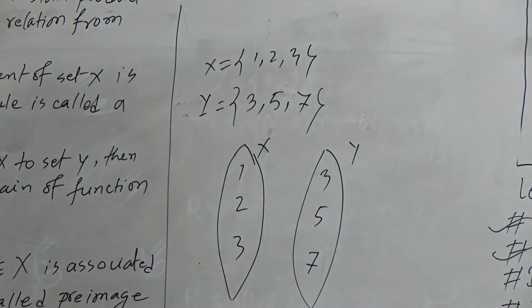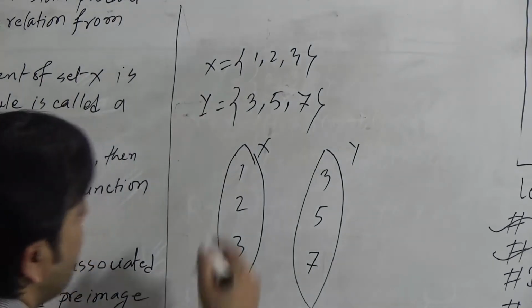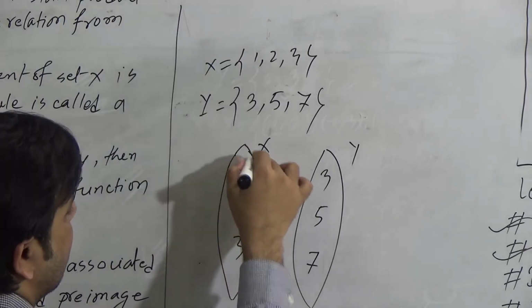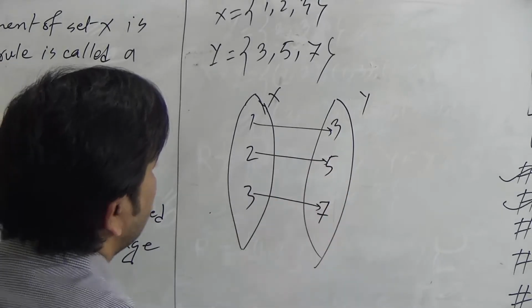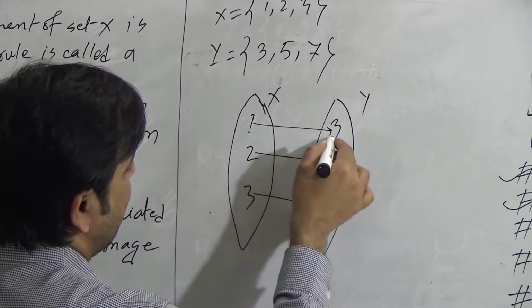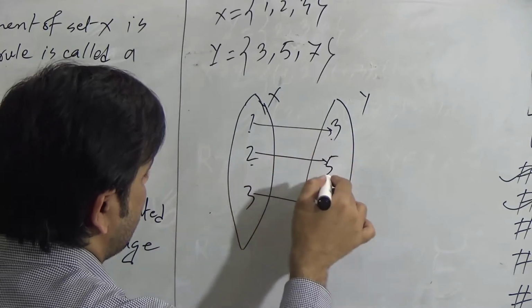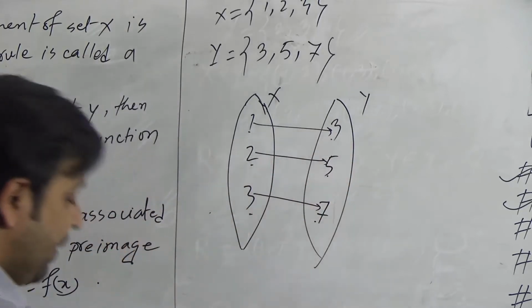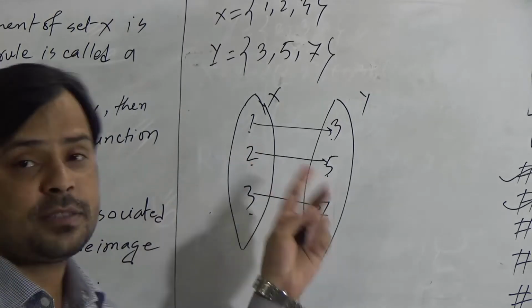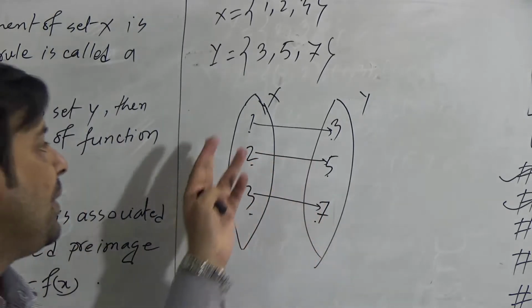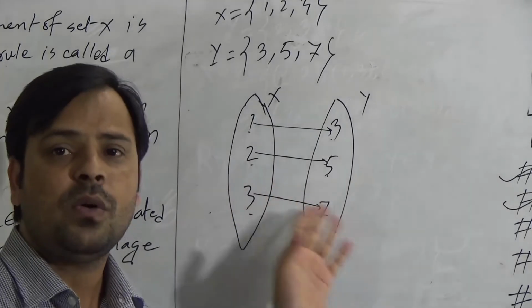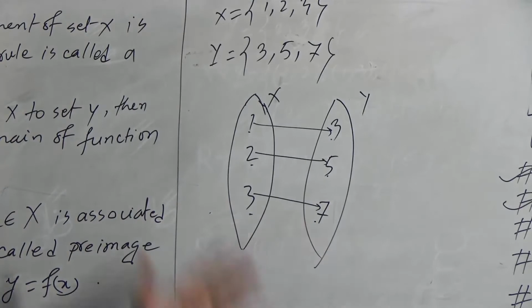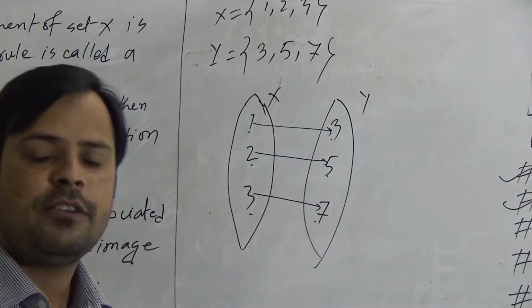Now the condition is every element of X corresponds to one and only one element of Y. So 1 corresponds to 3, 2 corresponds to 5, 3 corresponds to 7. So this correspondence means here is a relation between X and Y.